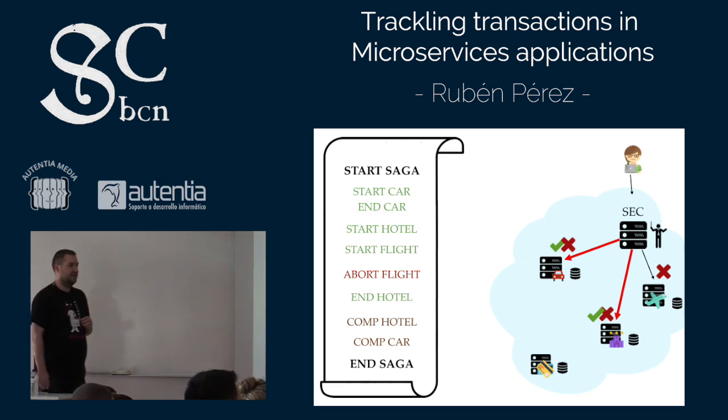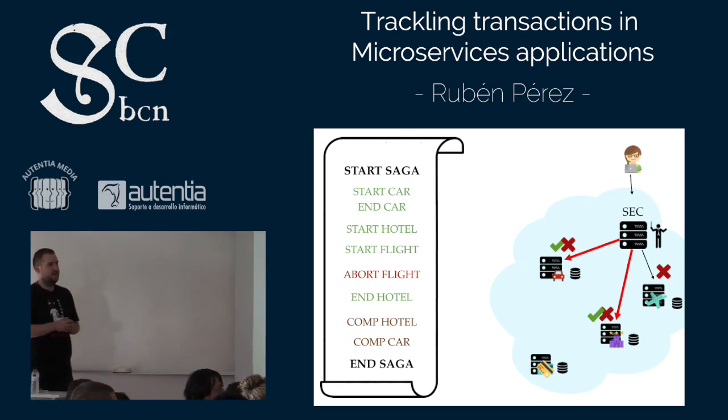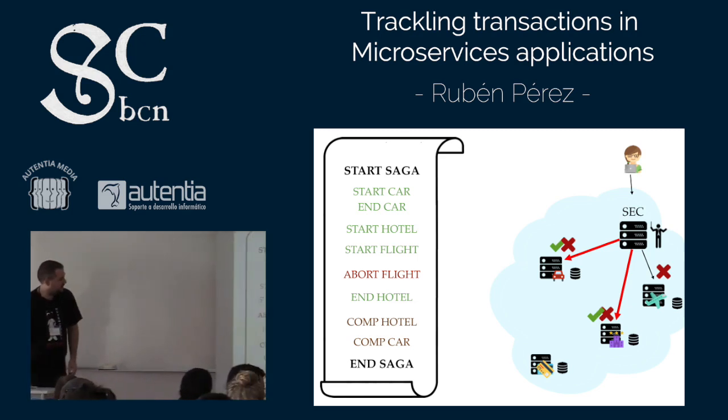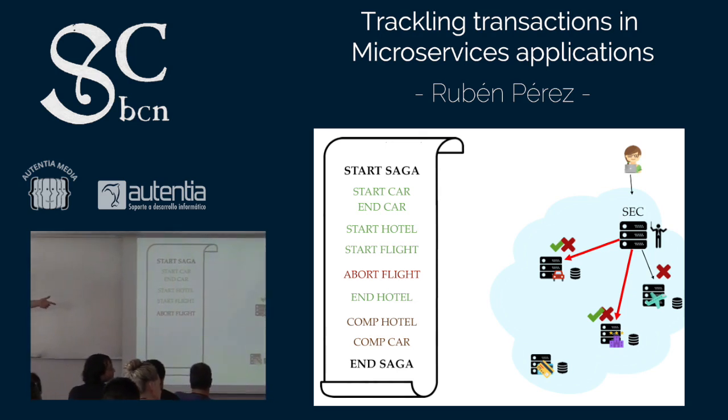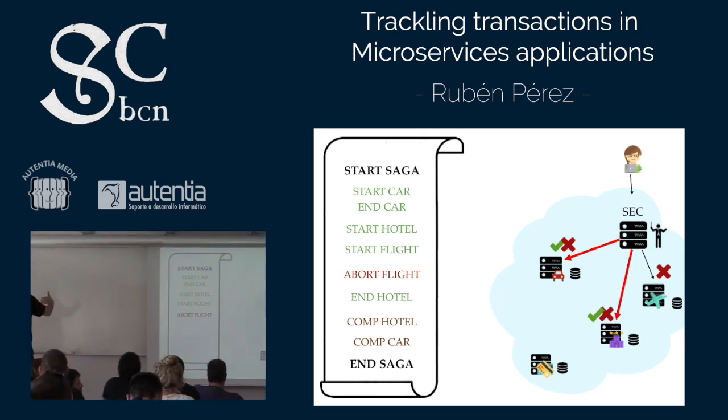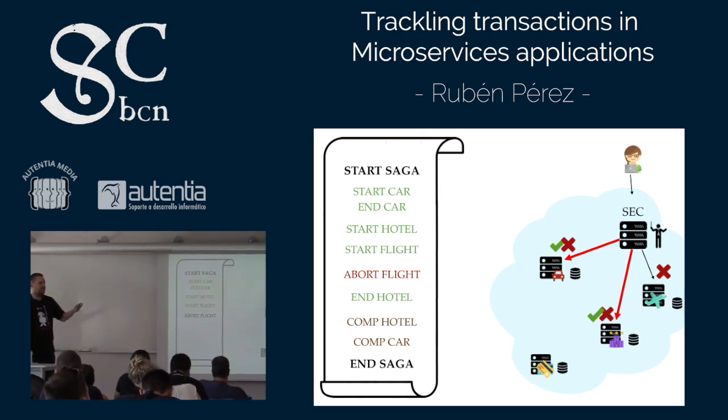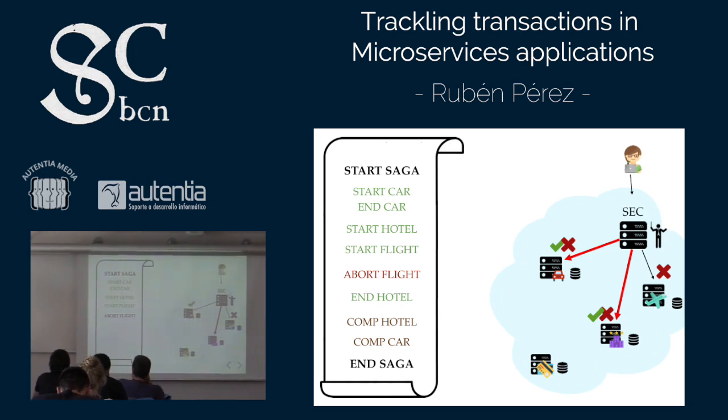So you say that your compensation is idempotent. So why do you just not cancel? Because I don't know what happened. I don't know if I even have a booking there. But you can cancel. Yeah, but I cannot cancel a thing that I don't know if I had.